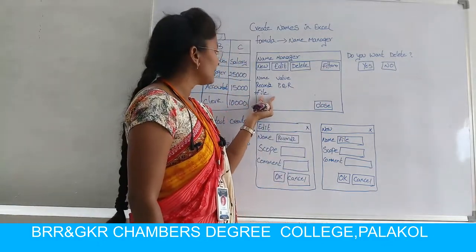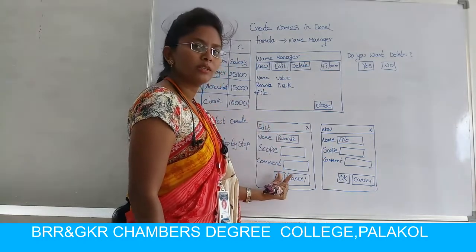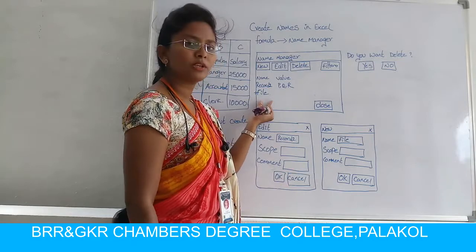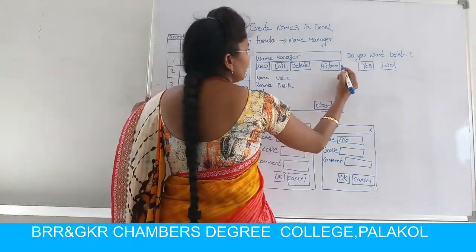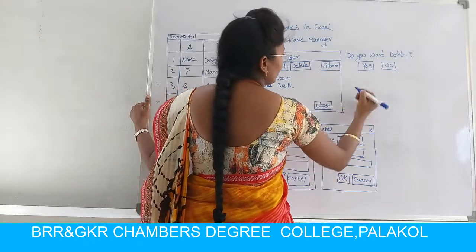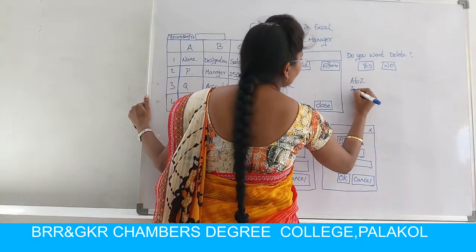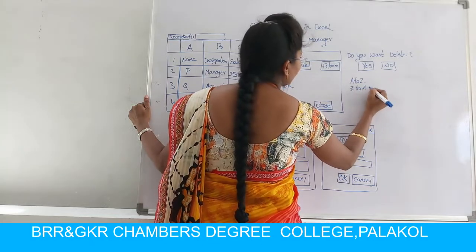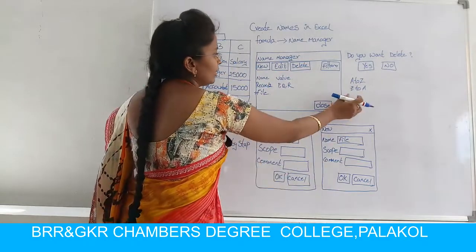If in this name manager there are 100 records in this dialog box, and you want to filter something in these records, then click on the filter option. It will display an A to Z option and a Z to A option, that means ascending order and descending order in this dialog box.